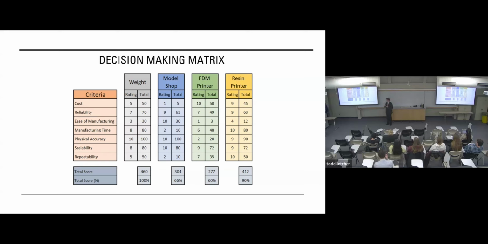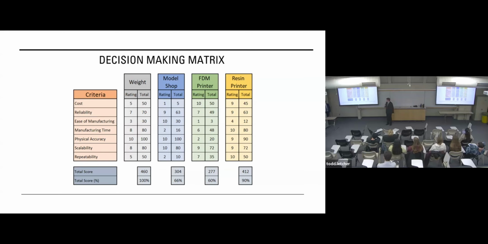Next, we looked at the ease of manufacturing, the time it takes to manufacture, the physical accuracy of the model, so this is dimensional accuracy, the model scalability, how big or small we can get it, and finally, repeatability. How many times can we make or use this model?